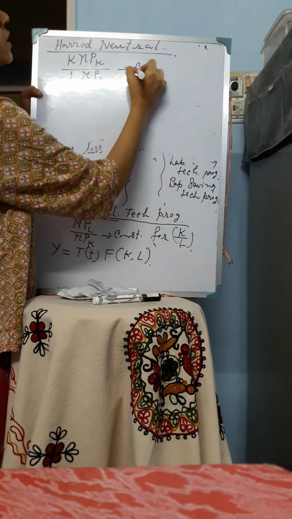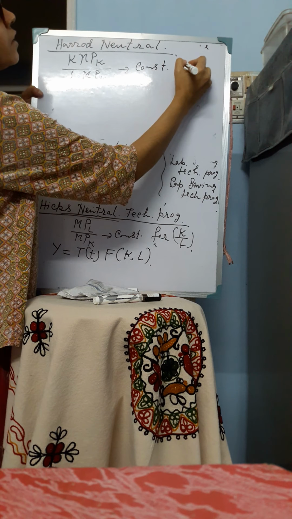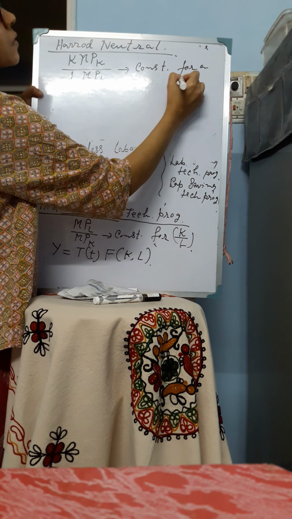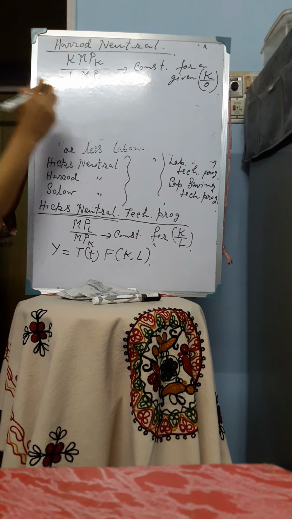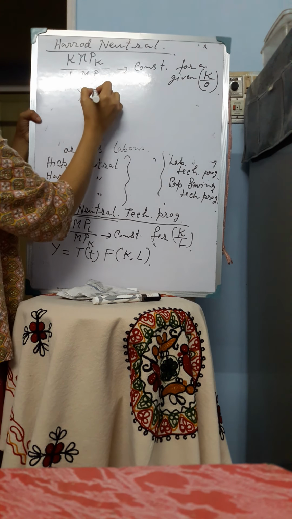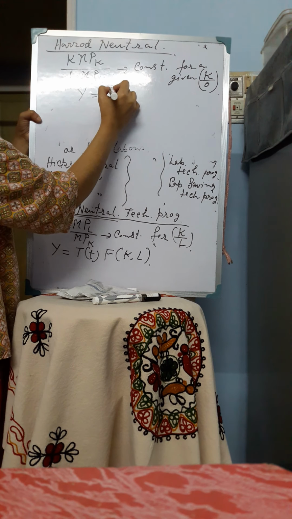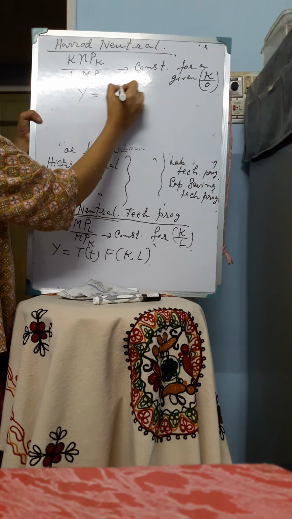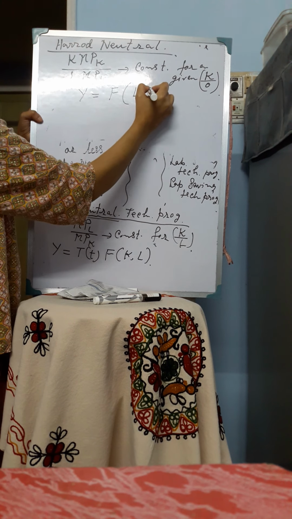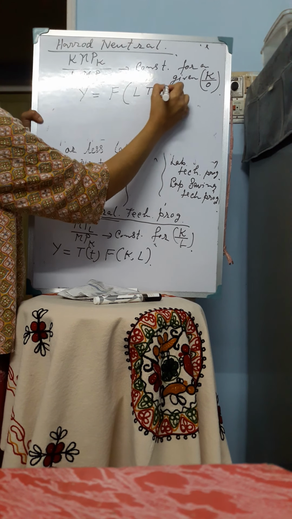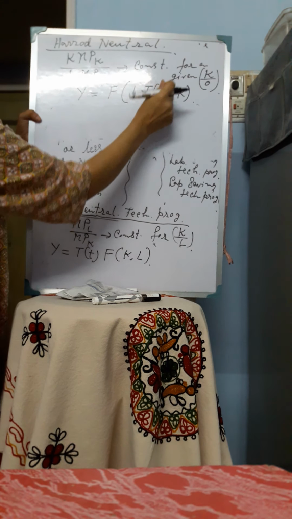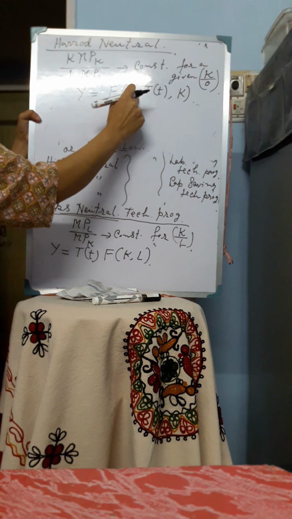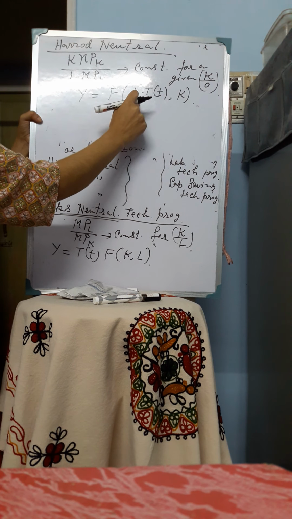So this is constant for a given K by O ratio. And here the production function takes the form Y is equal to F(L into T(t), K). So here the technological factor T(t) appears as a multiple of L in the production function.